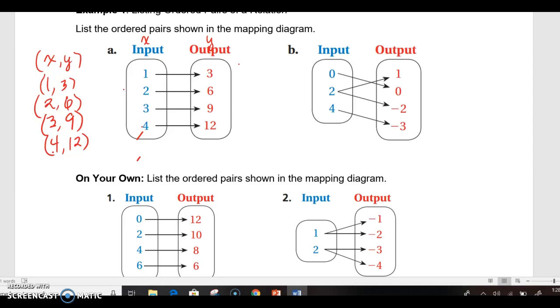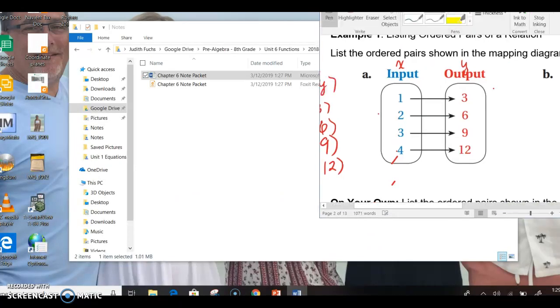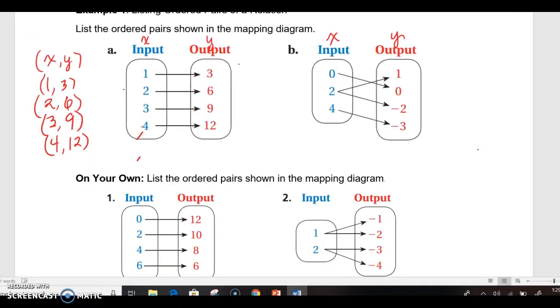In example B, this one's a little bit different. So notice we only have 3 inputs or 3 x values this time, but we have 4 outputs or 4 y values. So you have to pay a little bit closer attention to where your arrows are and how those are connected. So notice the input 0 is connected to the output 0. So my first ordered pair is (0, 0).